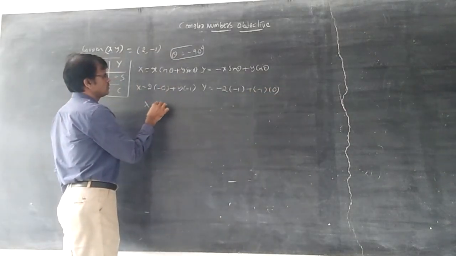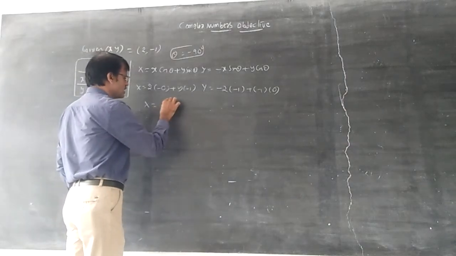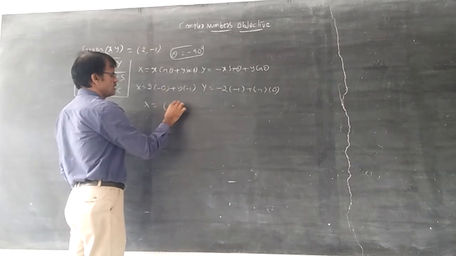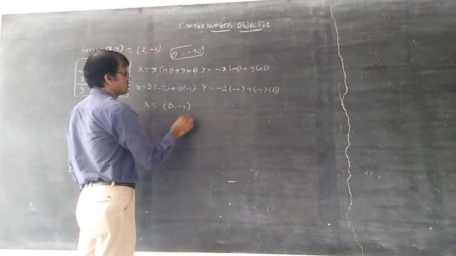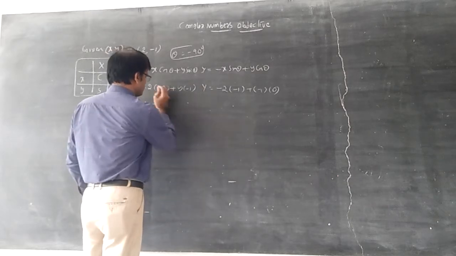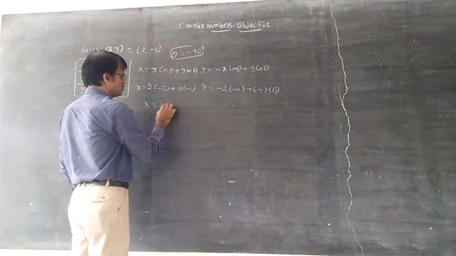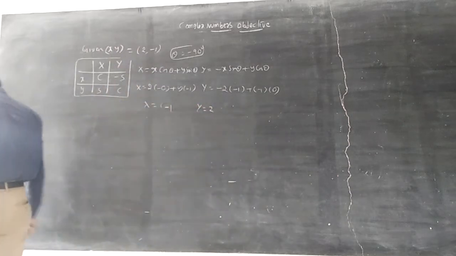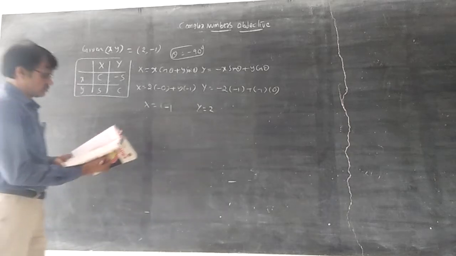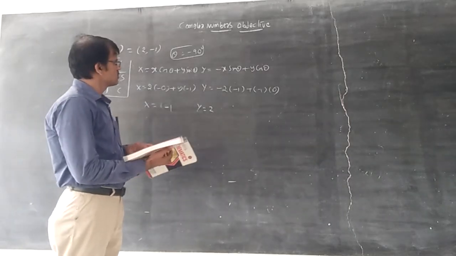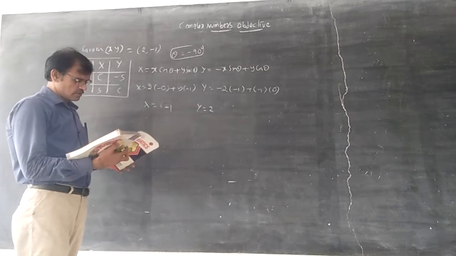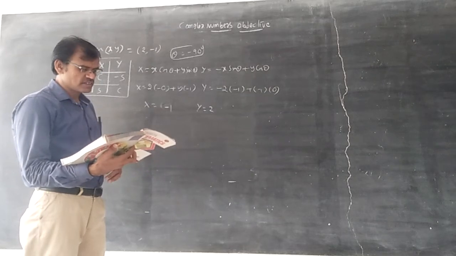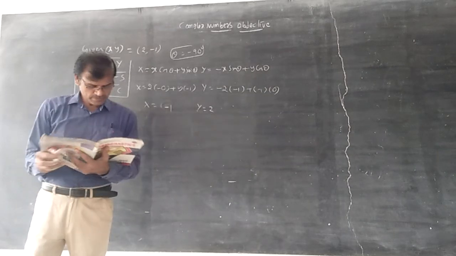So x is equal to minus 1, so minus I. We can write 0 comma minus 1, but minus 2I minus 1 is not there. So maybe somewhere it is wrong, this method is not possible, so leave it.